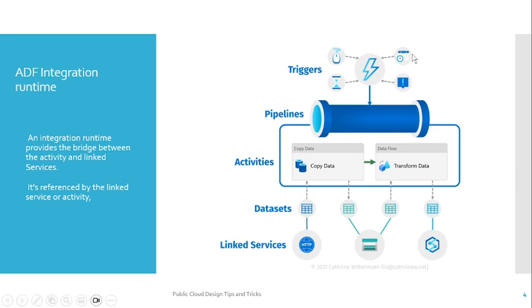If you see this diagram, which I have extracted from a Microsoft document, generally in Data Factory you have triggers which will trigger your pipelines. Pipelines consist of activities. That means you want to copy the data or transform the data, and those activities are done over linked services, that means from a data source.